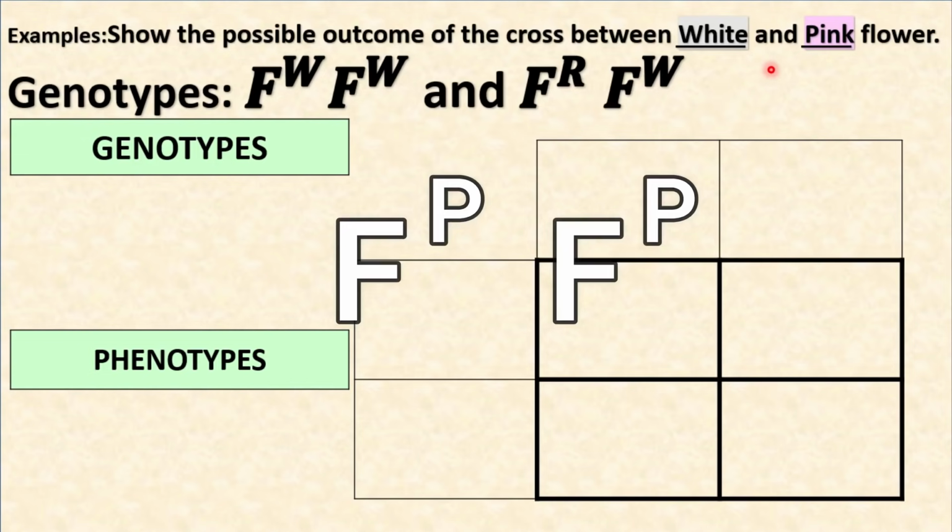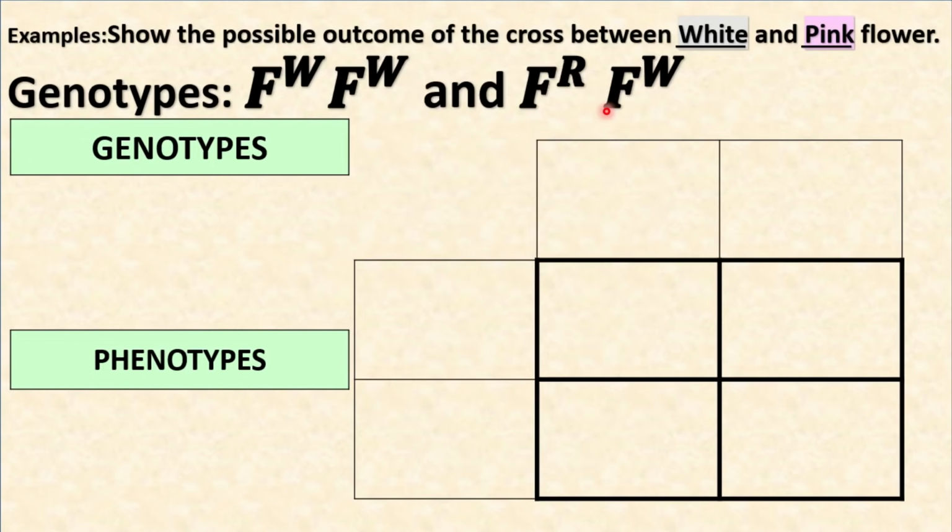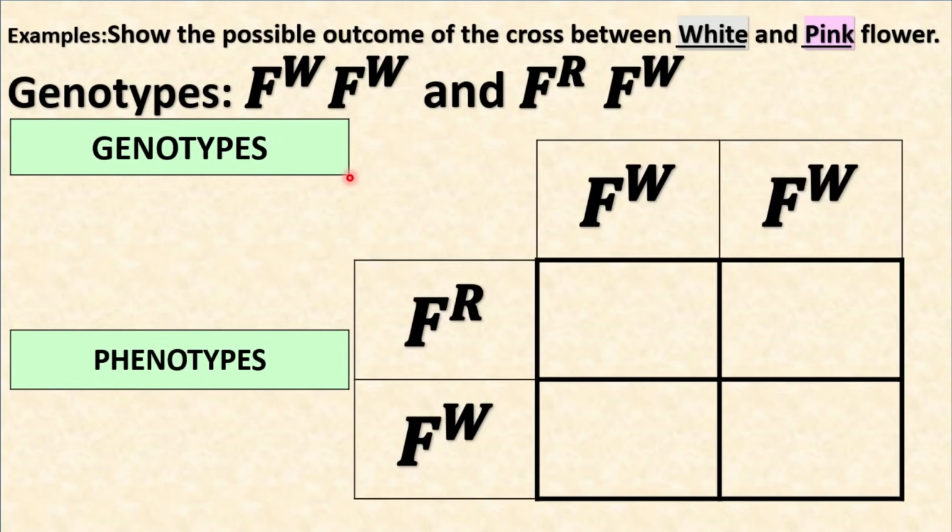Not FP and FP. That is wrong because pink flower originated from the red and white flower. That is why the genotypes are FR and FW. Always remember that. Now let us cross FW or the white flower and the pink flower using Punnett square.